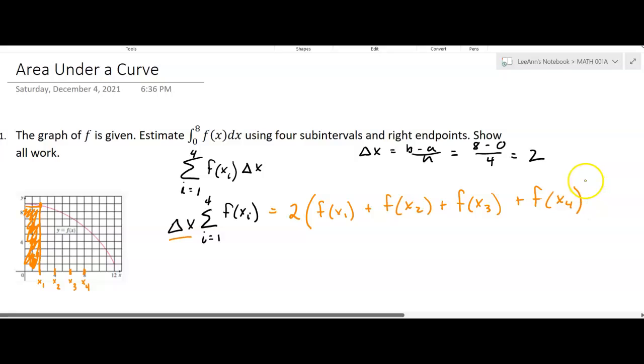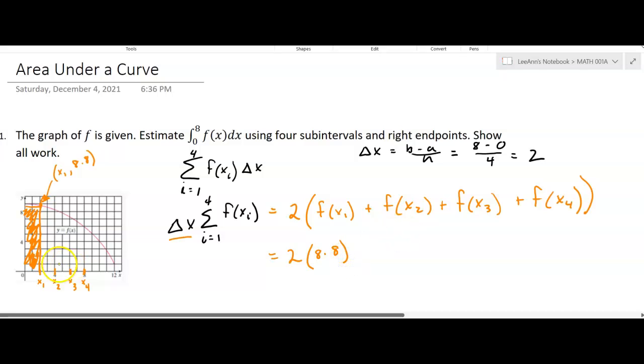And so we have to find those values. So 2 times, this point right here, that's about 8.8. So it looks like x sub 1, comma, 8.8.